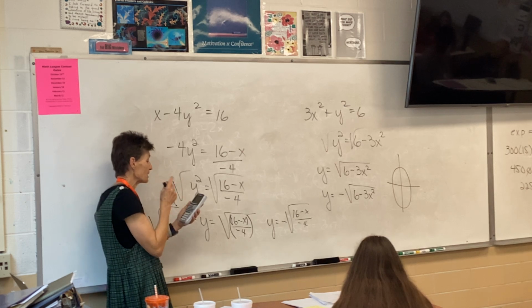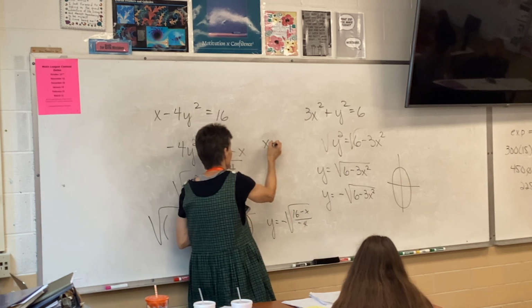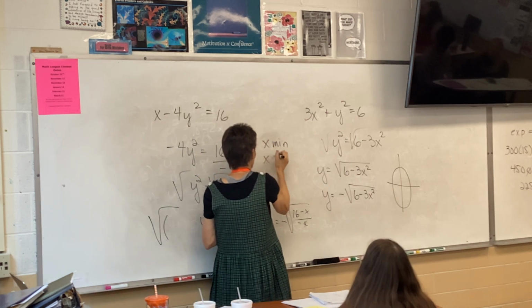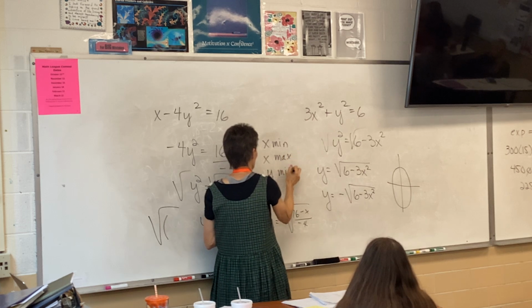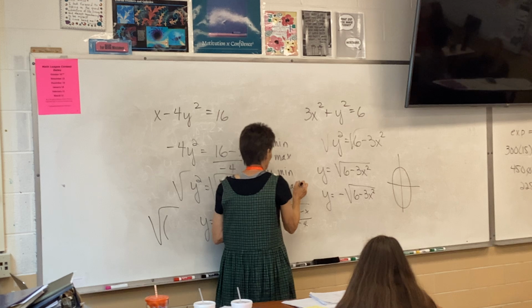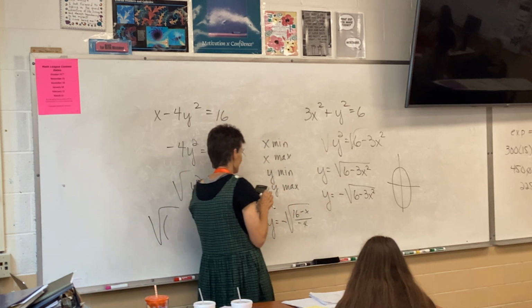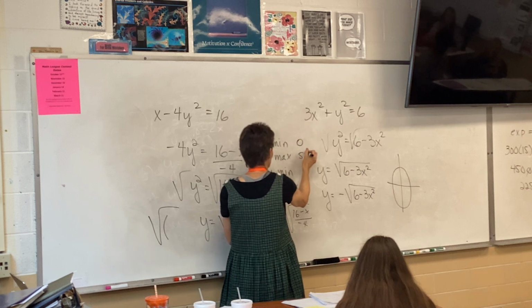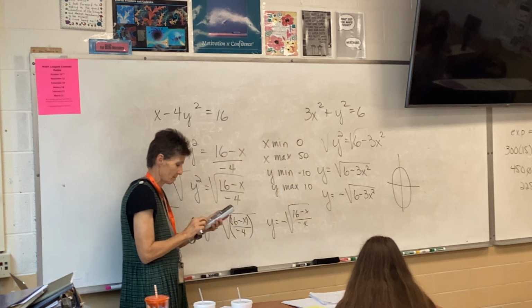Okay, yeah, for this one, we need to change our window. Change your X. Go ahead and manually press window, and we're gonna change the window. And I'm gonna use 0 and 50 and -10 and 10 and see how that does.